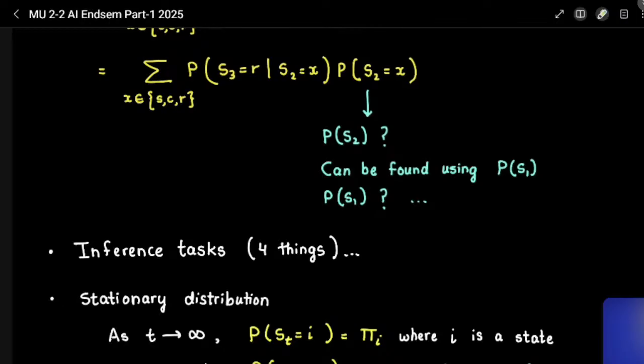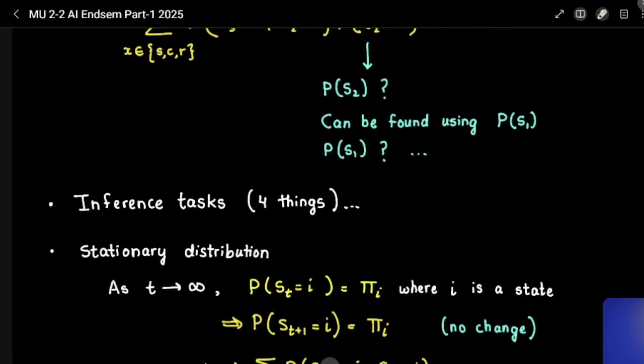You can simply predict the probability of the world being in a certain state, irrespective of the time. And this is only valid when t goes to infinity. Like everything becomes stationary, nothing changes.